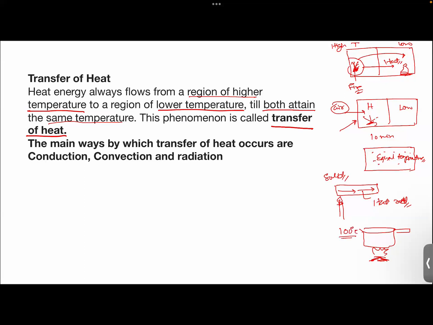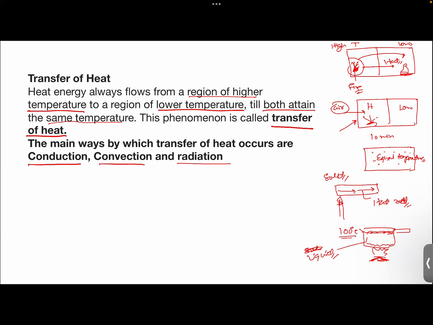In this method also, heat from the bottom of the pan reaches the top water molecules in a different manner, right? So heat flow will also take place differently in a liquid medium. So the methods of heat flow have basically been divided into three: conduction, convection, and radiation, guys.